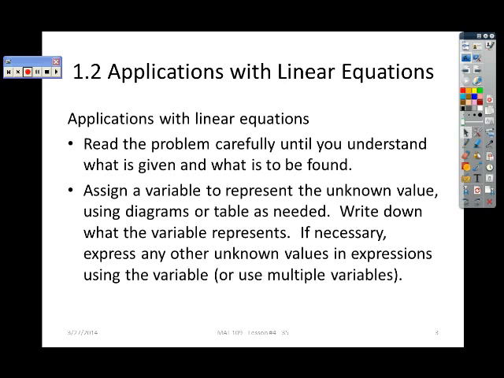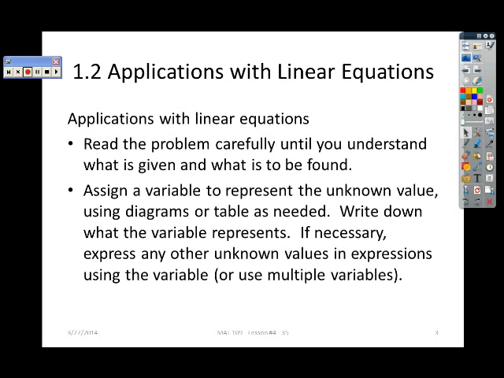If a picture is helpful, like if you're doing a geometry problem, a picture can usually be helpful. Draw a sketch. It does not have to be precise. It can be very rough because it's just a visual aid to help you get some understanding of where things relate together. Write down what the variable means. If you're using multiple variables, you're going to need to mark multiple things down.